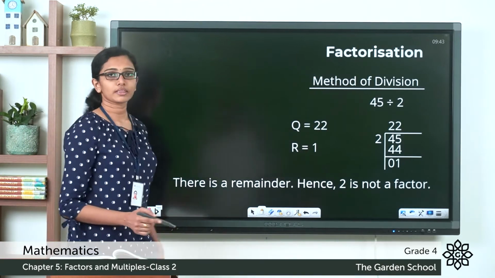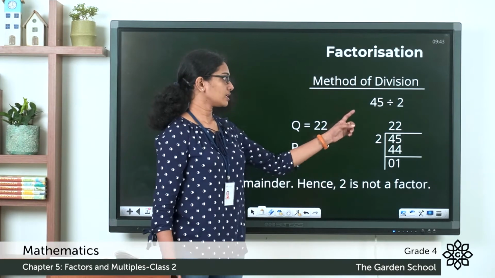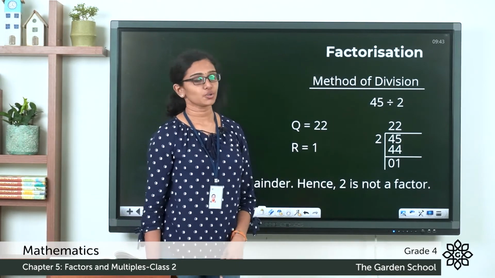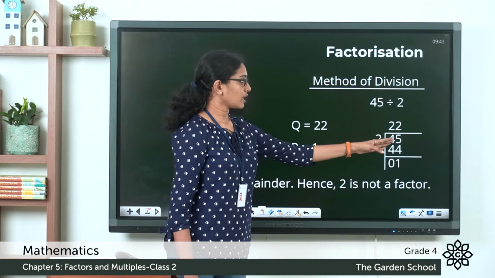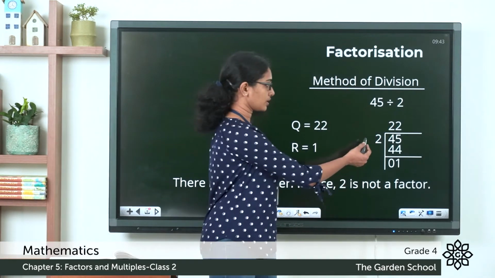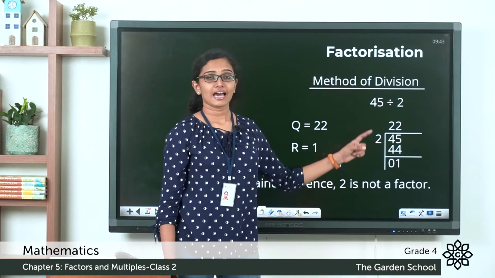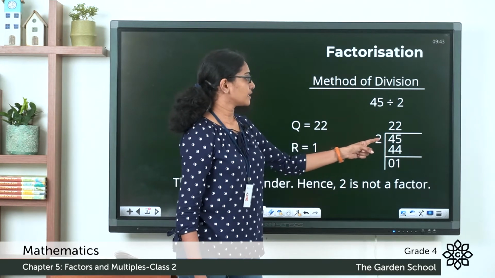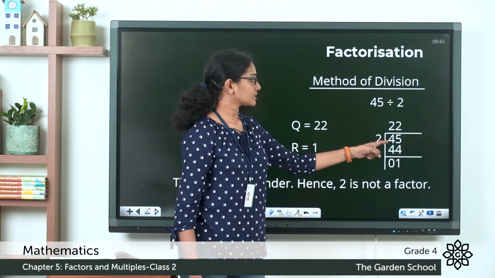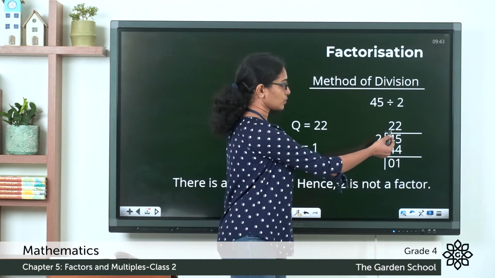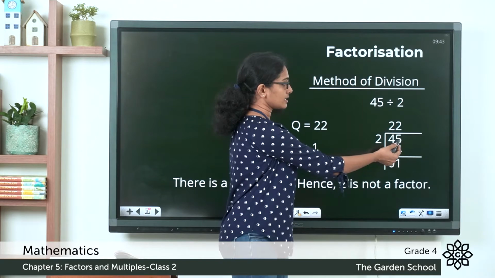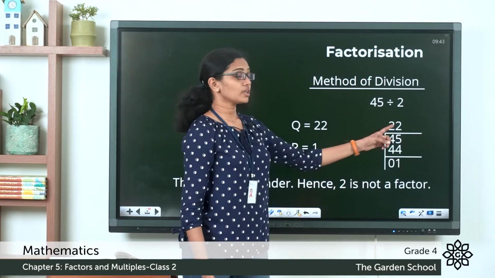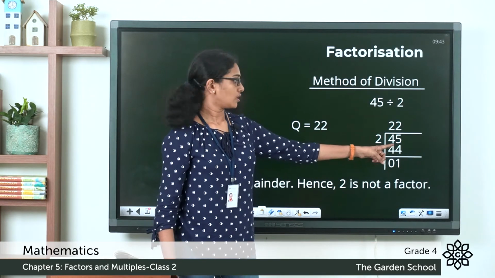Now, let's check with the next number. Let's divide 45 by 2. So, we have written 45 and 2 here, the dividend and the divisor. And how many 2's will go in 45? Now, let's take the first digit. So, you have 2 here and 4 here. We know 22 2's are 44, right?